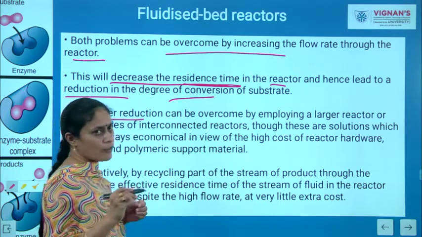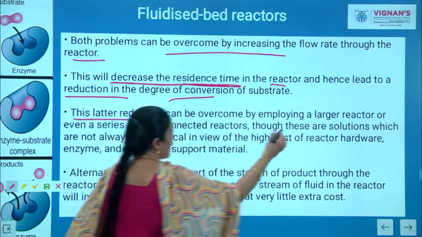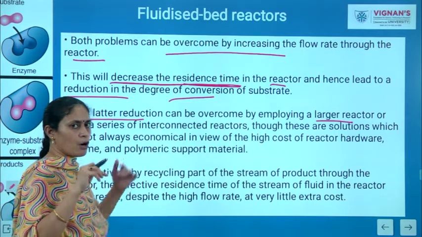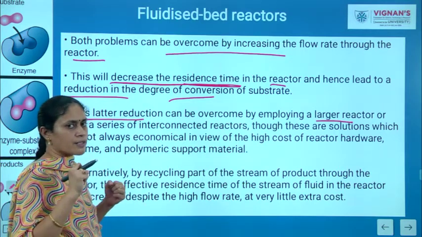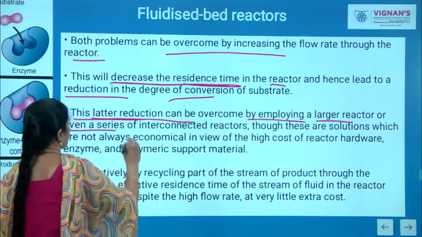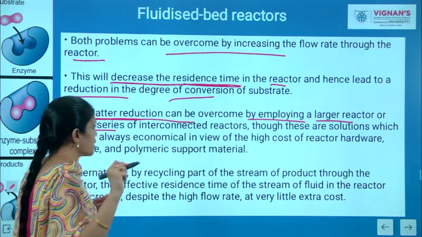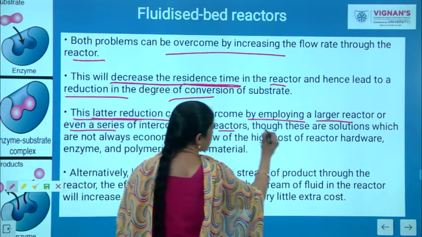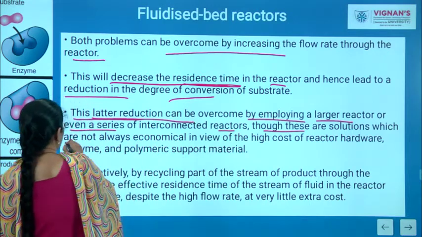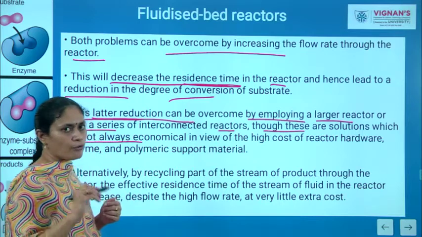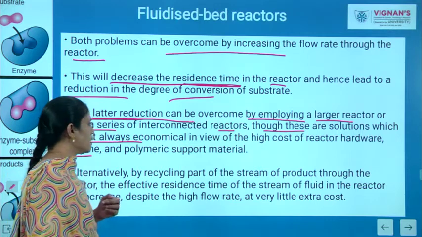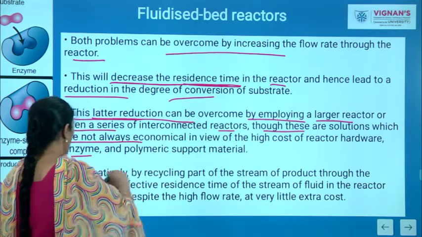This reduction can be overcome by employing a larger reactor. By taking a larger reactor, you can rectify this problem of less residence time. The reduction can be overcome by employing a larger reactor, even a series of interconnected reactors. Though these are solutions which are not always economical in view of the high cost of the reactor hardware, enzymes and the polymeric support material.